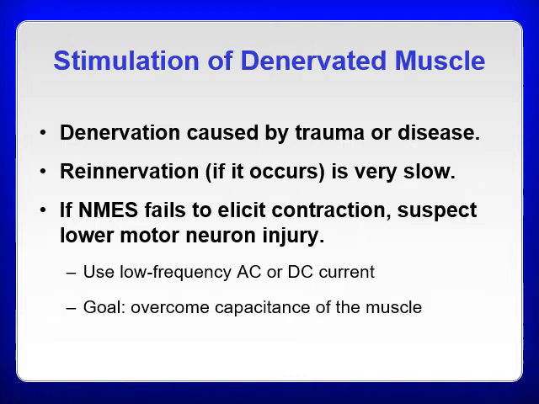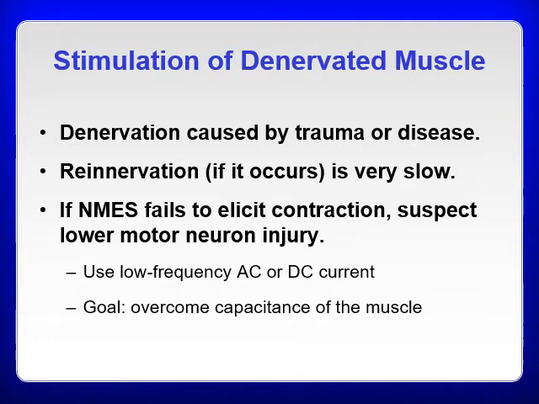So if NMES fails to elicit a contraction, you have a lower motor neuron injury. You have a completely denervated muscle. In order to overcome that, you have to use either a low frequency or alternating or a direct current. So you have to use a current similar to iontophoresis. Now, you can't use an iontophoresis unit to do it.